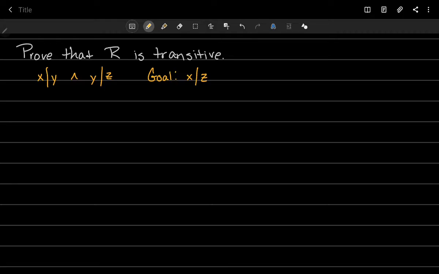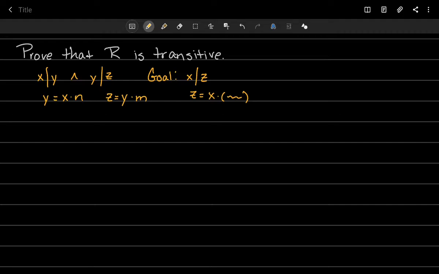Okay, here we go. So x divides y. That means y equals x times some natural number n. y divides z means z equals y times some natural number m. But my goal is to get z equal to x times some natural number. I don't care what it is as long as it's a natural number.